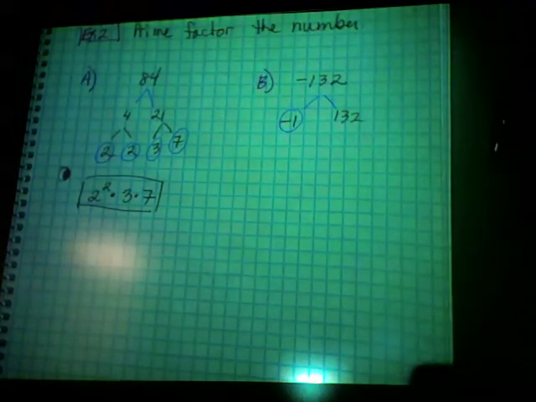Now you factor 132. Use your divisibility rules. Don't start with 2. Start with your biggest number first. What's your biggest divisibility rule that goes in there? Apply your 3's rule. What's 1 plus 3 plus 2? 6.